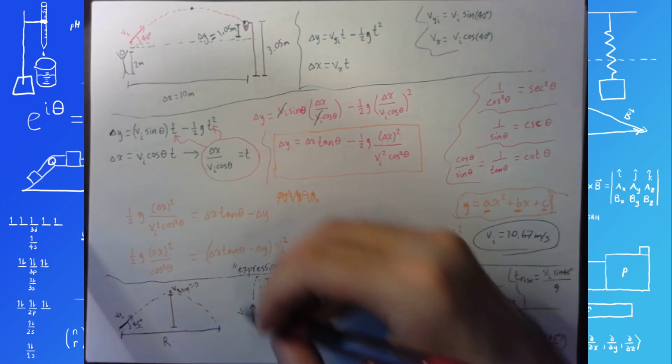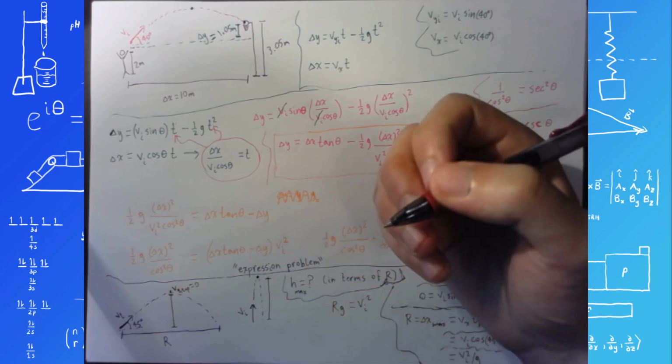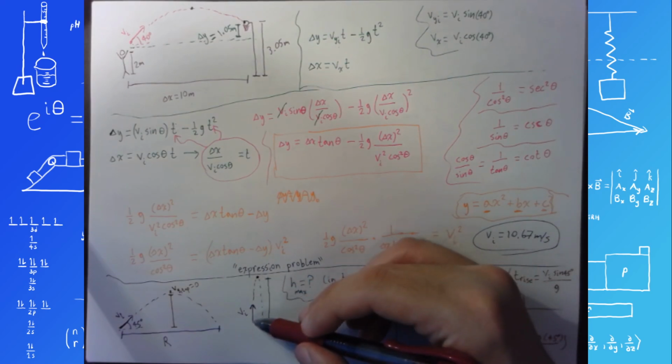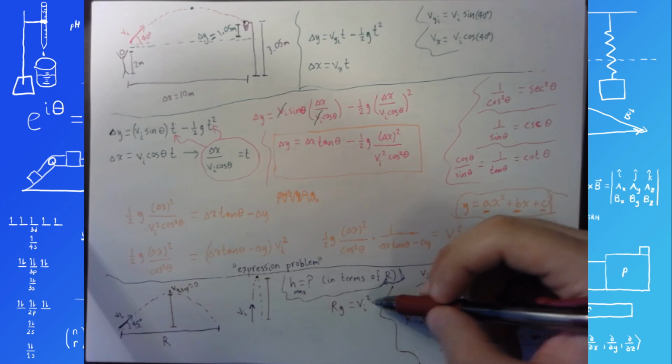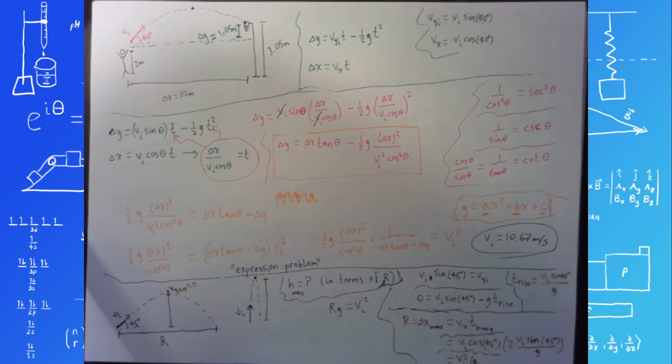I can take advantage of the fact that V at the top is going to be 0, and I can use the third equation here because I know V top. I have an expression for V initial, and I know my acceleration, so I've got 3 things I can work with and 1 unknown thing. Let me switch to red.